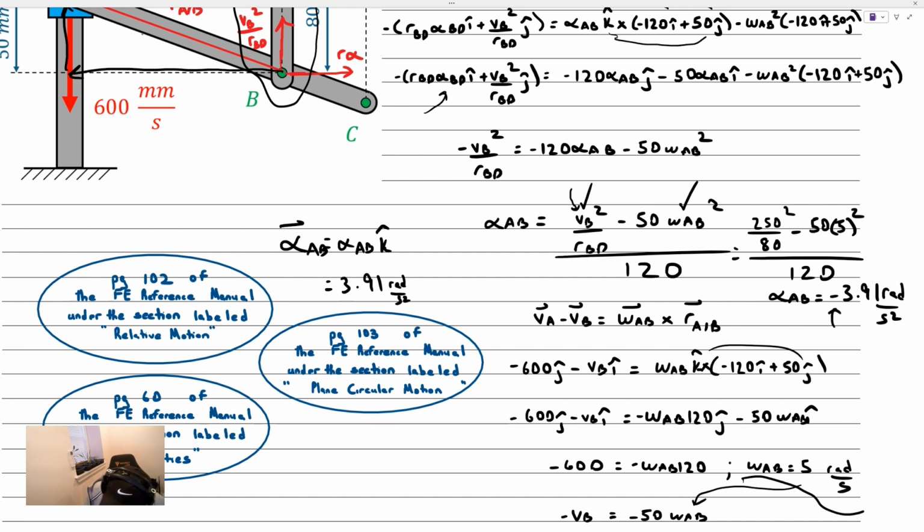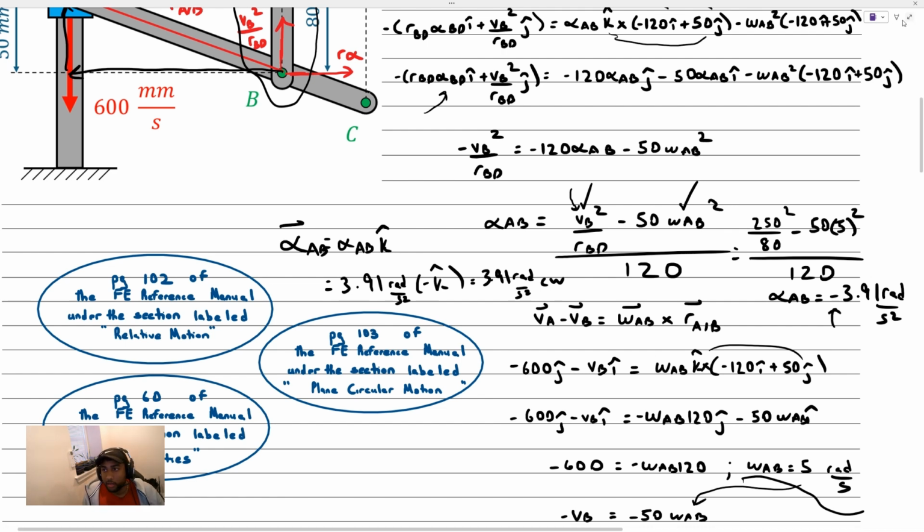Its direction, we take that minus and apply it to the k hat. What that means is that instead of pointing out of the page, we point our thumb into the page, and our fingers will curl in the direction that the alpha is actually traveling in. So that'll be clockwise. Instead of writing this, 3.91 radians per second squared, clockwise is the solution.